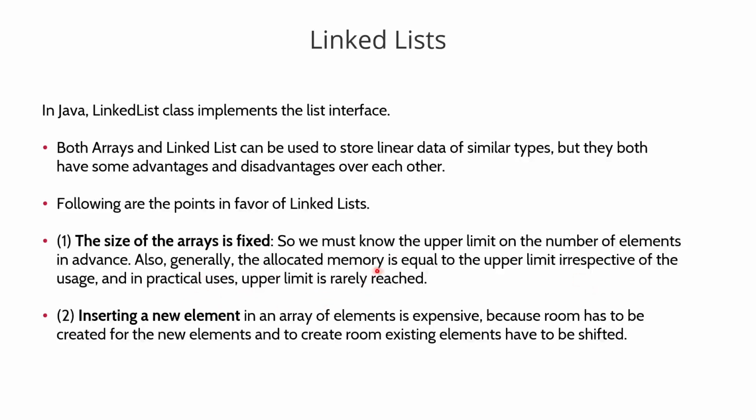In a lot of practical uses, the upper limit is rarely reached. Inserting an element in an array is quite expensive because of the room that has to be created for the new element, and the current elements have to be shifted, which is also an expensive process.